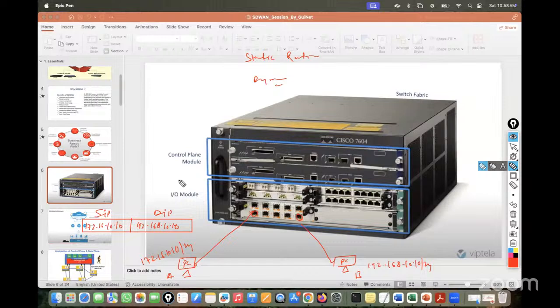Have you guys used GPS? Everyone uses GPS, right? Global Positioning System. GPS, if you have to travel from your home to the airport, what do you put in the destination? Sometimes you do not need to put the source. The source is taken automatically, but you always put the destination.